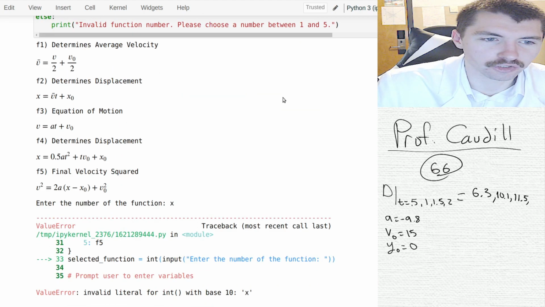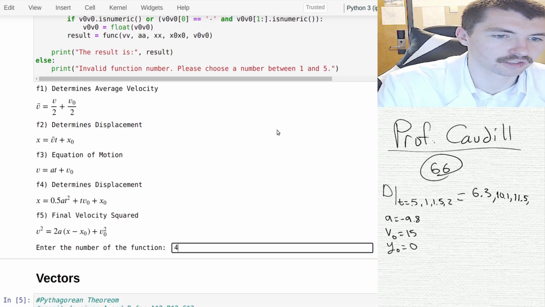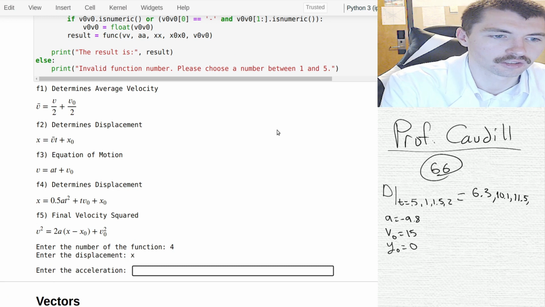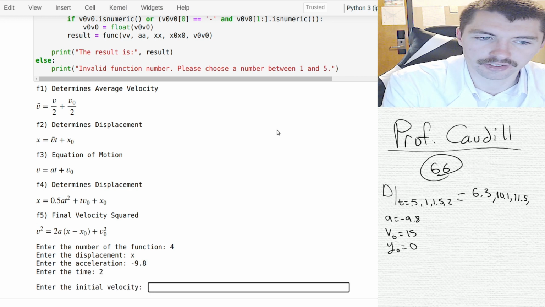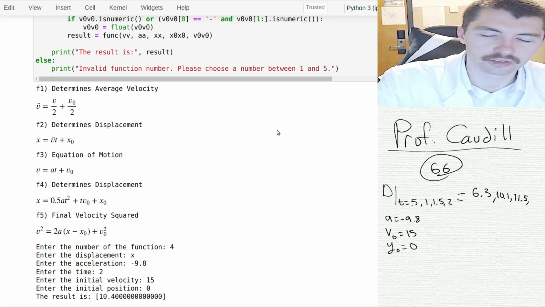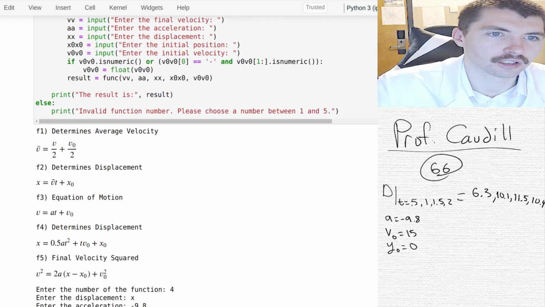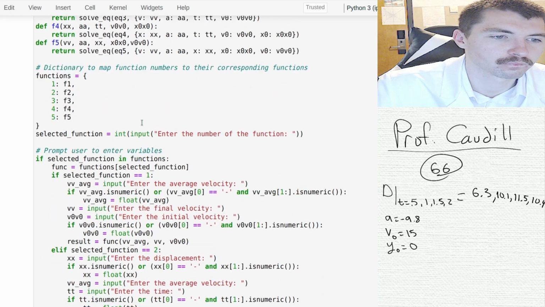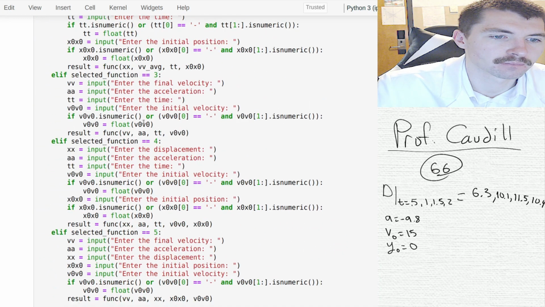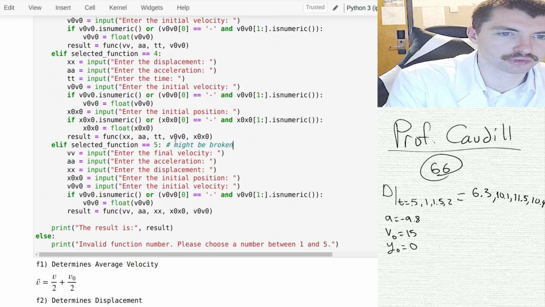That's weird. It was just working. We're doing function 4, x acceleration. So function 5 might be broken. We have to look at that, not necessarily right now. So 10.4. I will say function 5 might be broken.